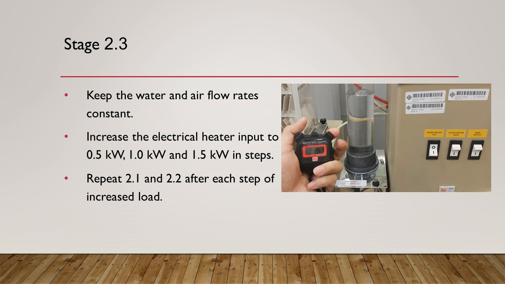Keep the water and air flow rates constant. Increase the electrical heater input to 0.5 kilowatt, 1.0 kilowatt and 1.5 kilowatt in steps. Repeat stage 2.1 and 2.2 after each step of increased load.